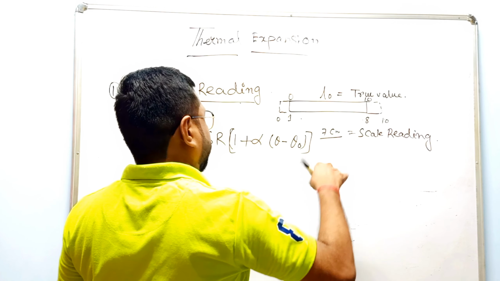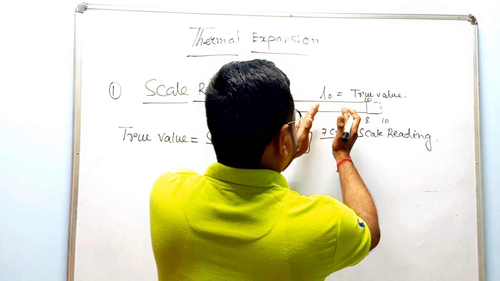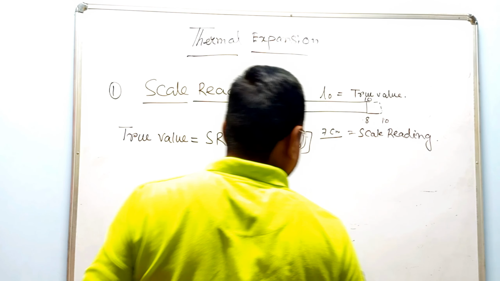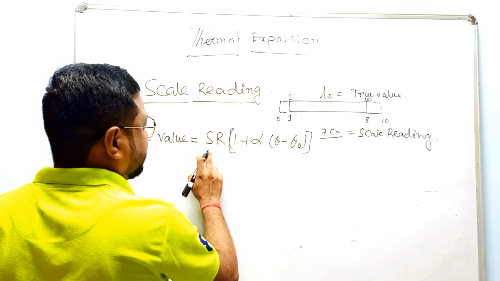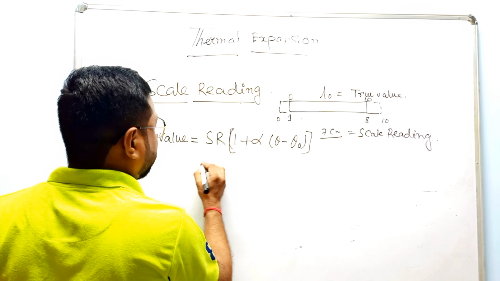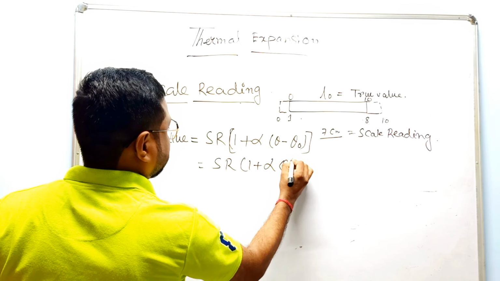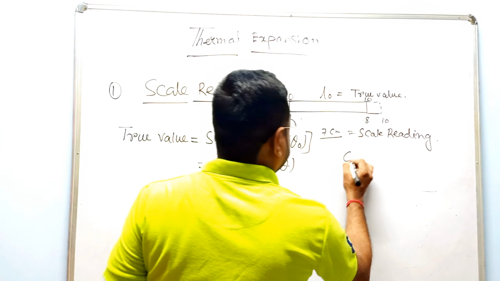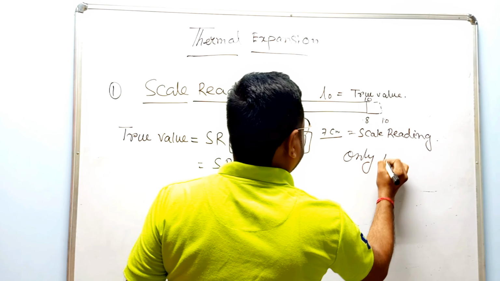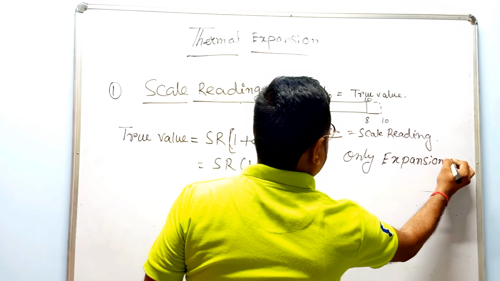In the second case, when the length of the scale is decreased, the reading is increased. So true value equals scale reading times 1 plus alpha theta. Here only the scale is considered to expand, only the expansion of the scale.